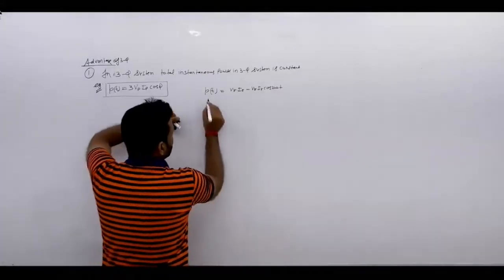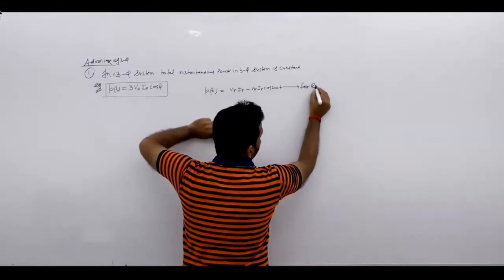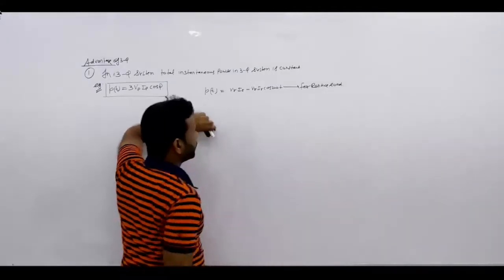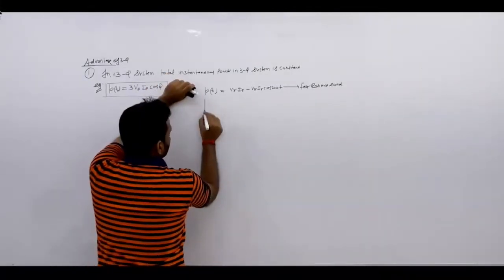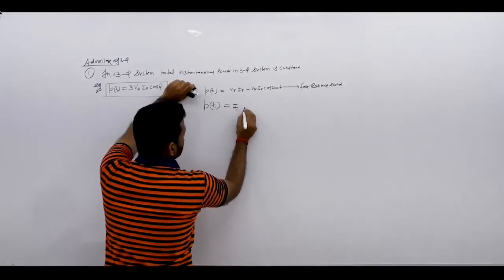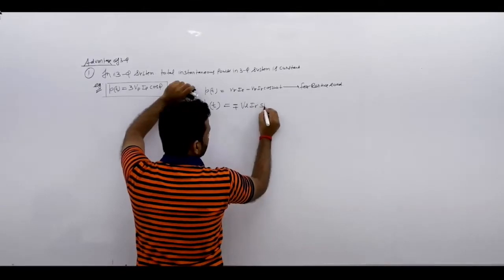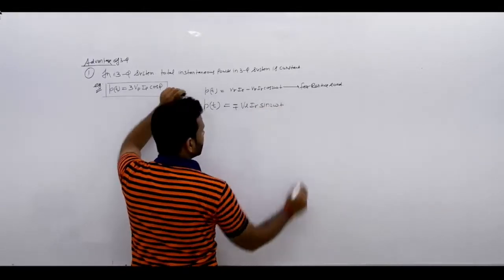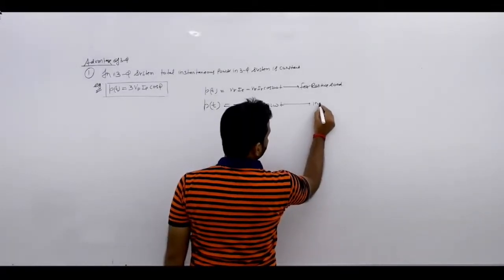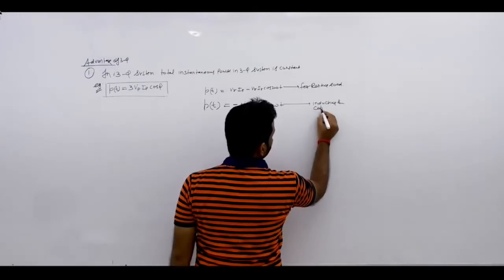For purely inductive and capacitive load, PT is equal to minus plus Vrms Irms sin 2 omega t.